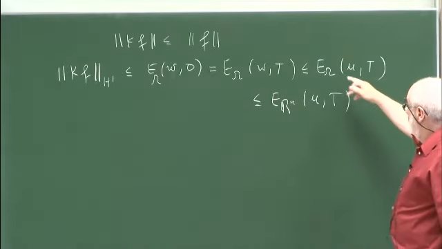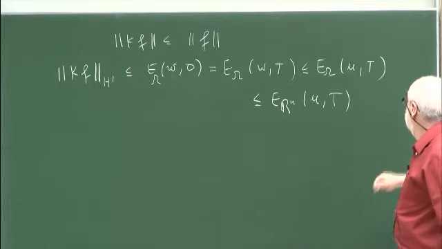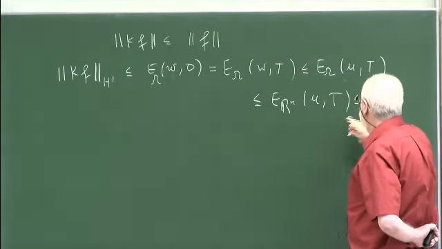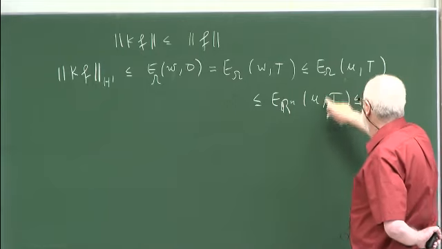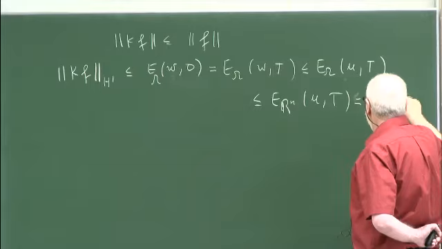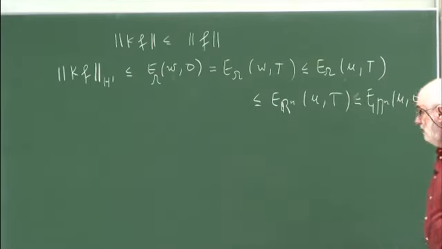Yeah, we proved that the energy was decaying, and this energy is less or equal than that. This is clear. By conservation of energy, this is the same as the energy at 0.